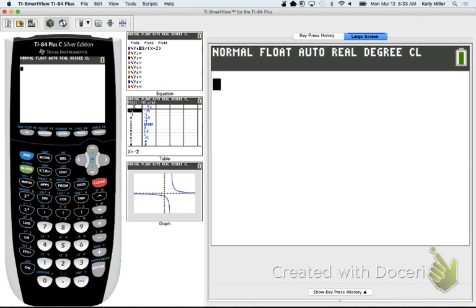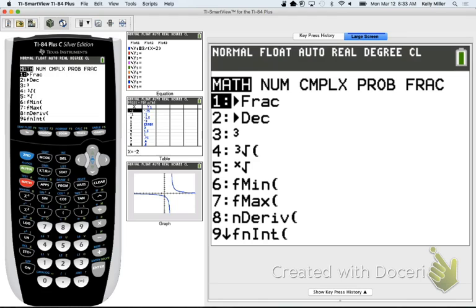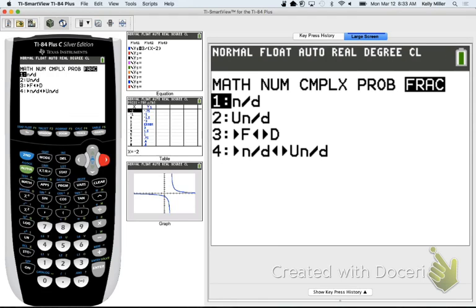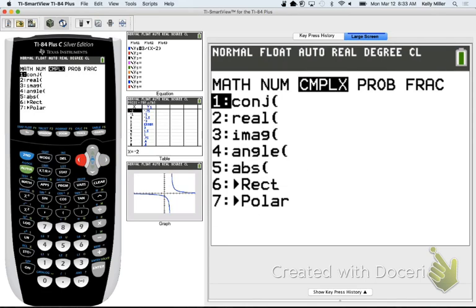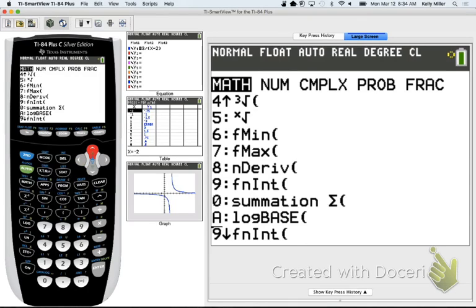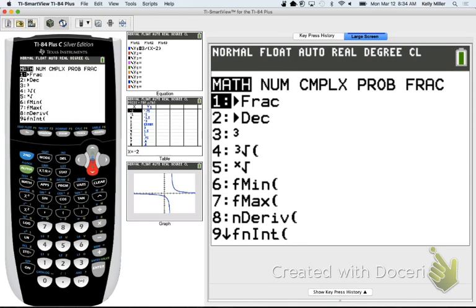So if you go to your, I think, is it my math button? Let me see where it is. I got to remember. Oh, there it is. It's right there staring in front of me. Thank you, Kayla. Number 5. Okay, so number 4 is your cube root.